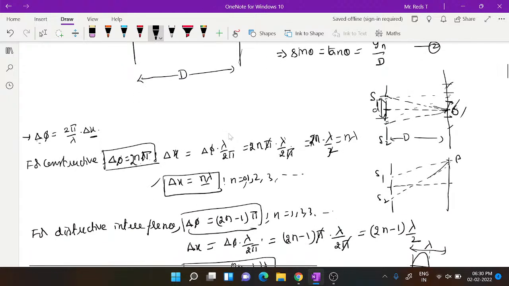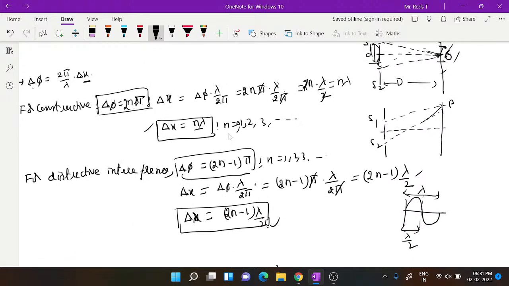Next, for destructive interference, we already know the phase difference is (2n minus 1) into pi, where n equals 1, 2, 3 and so on. The corresponding path difference is delta x equals delta phi into lambda by 2 pi. Replacing delta phi with (2n minus 1) pi, pi gets cancelled, and you get (2n minus 1) into lambda by 2. For n equal to 1, it is lambda by 2. For n equal to 2, it is 3 lambda by 2.